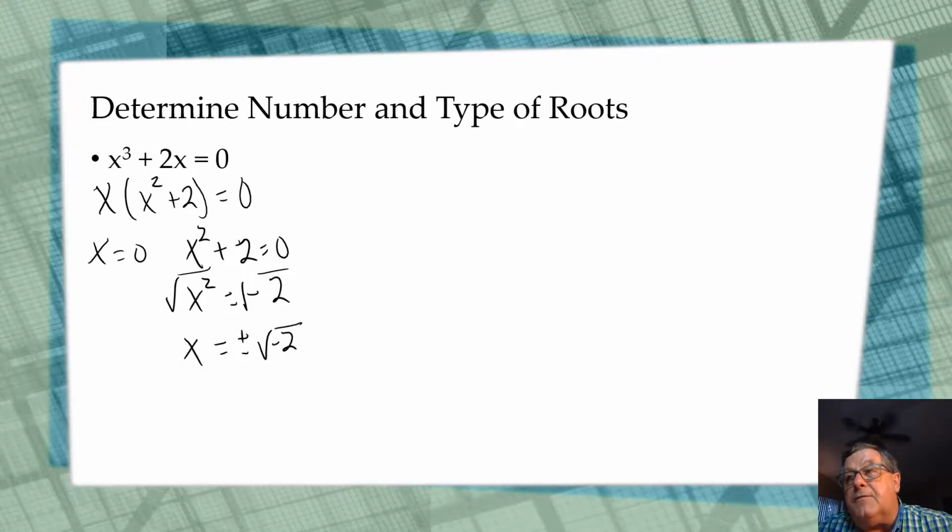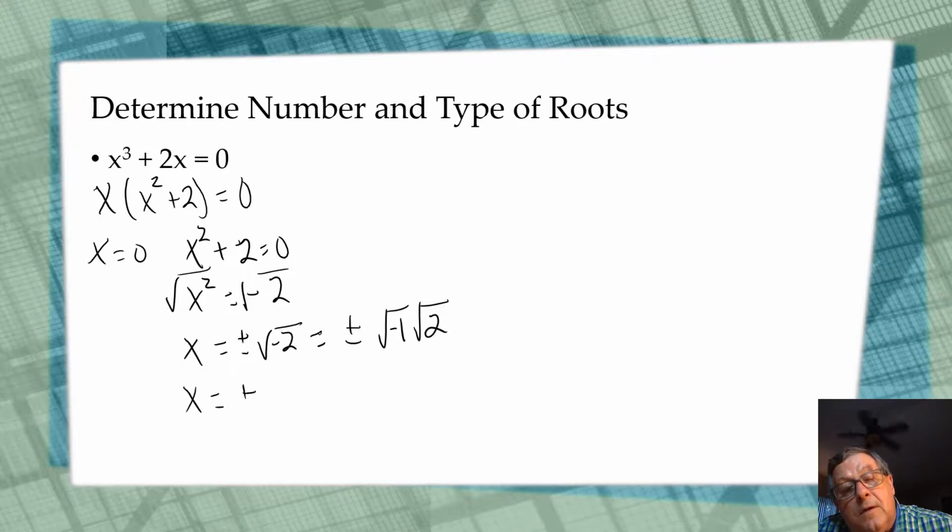Well, the square root of negative 2 is equal to plus or minus the square root of negative 1 times the square root of 2, right? And what's the square root of negative 1? i. So then we can say that x is equal to plus or minus, imaginary numbers are going to come in pairs, i times the square root of 2.